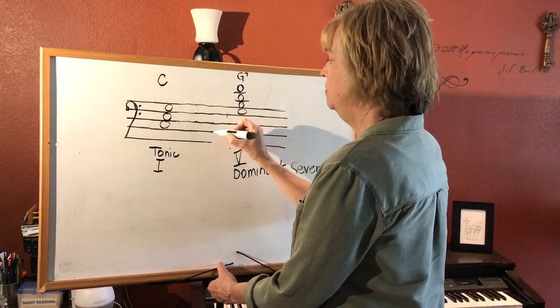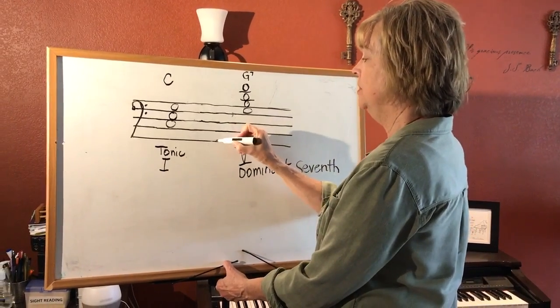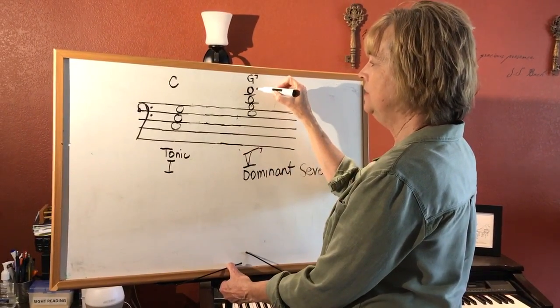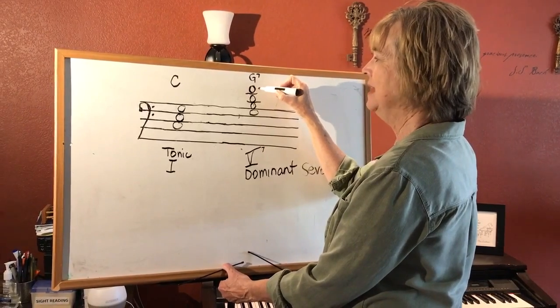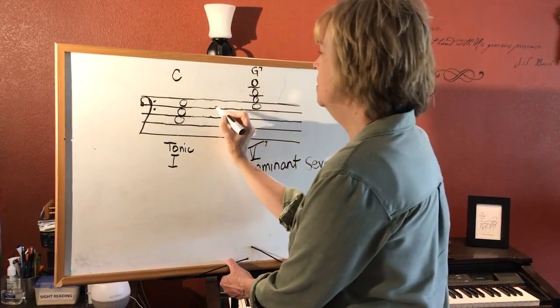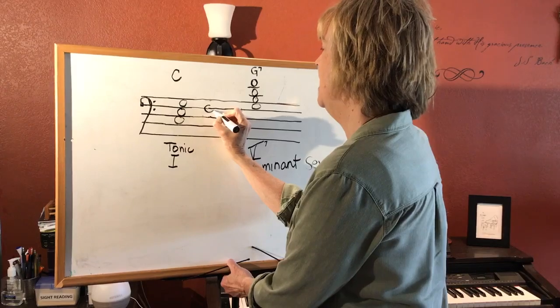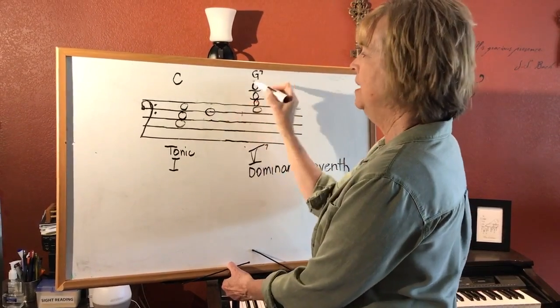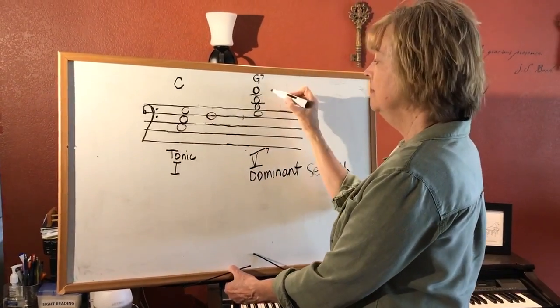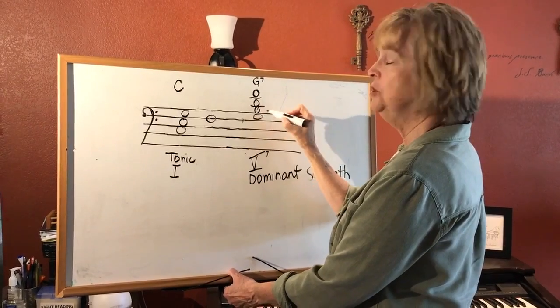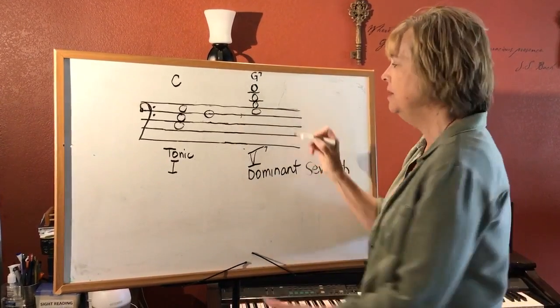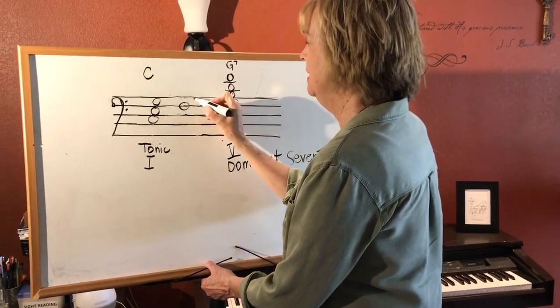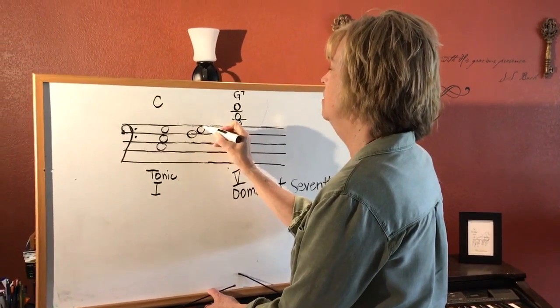So what I'm going to do with this dominant 7th chord is take this top note, and instead of having it way up there, I'm going to put it on this F line. This is an F, but I'm dropping it an octave lower. This G, this root, the root is the name of the chord, and I'm just going to keep it right where it normally goes.